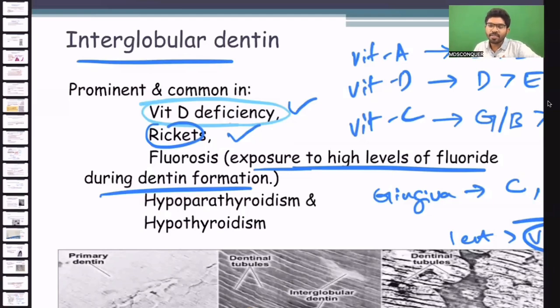Fluoride is very, very useful to enamel after development. During development, it is going to cause damage to ameloblast. It is going to cause fluorosis. After development, fluoride with enamel leads to formation of fluorohydroxyapatite crystals, which prevents the caries, which prevents the acid dissolution.